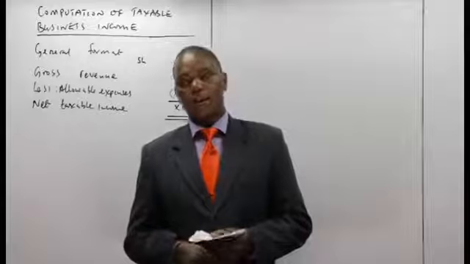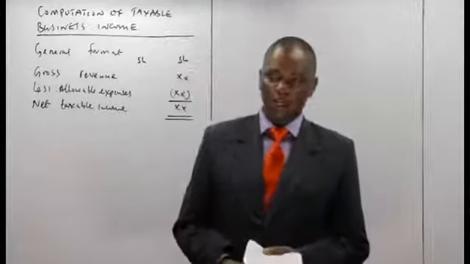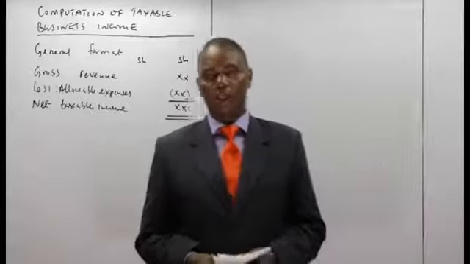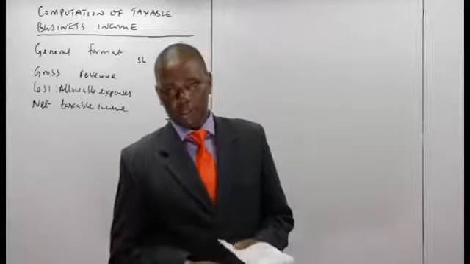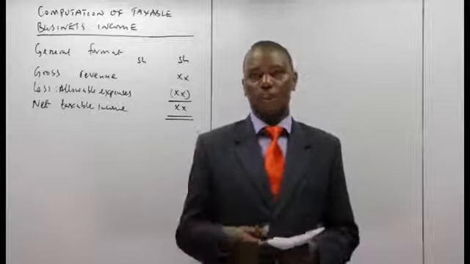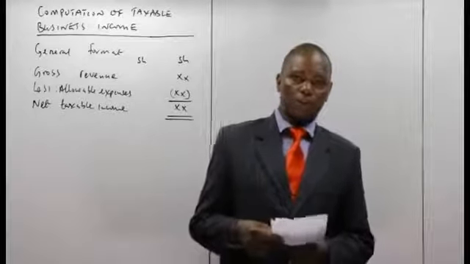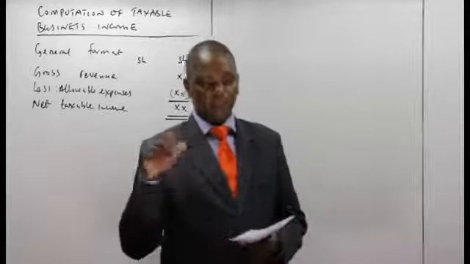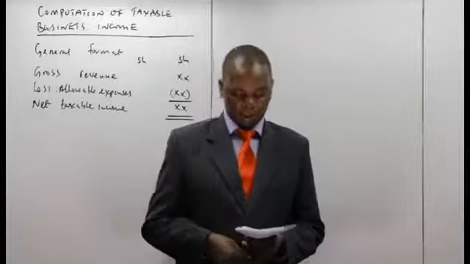This is treated as capital expenditure, and instead the billboards or the neon signs will enjoy the capital allowances in class 4. Since we have already said capital allowances are allowable, we allow the capital allowances but not the capital expenditure on the billboard.